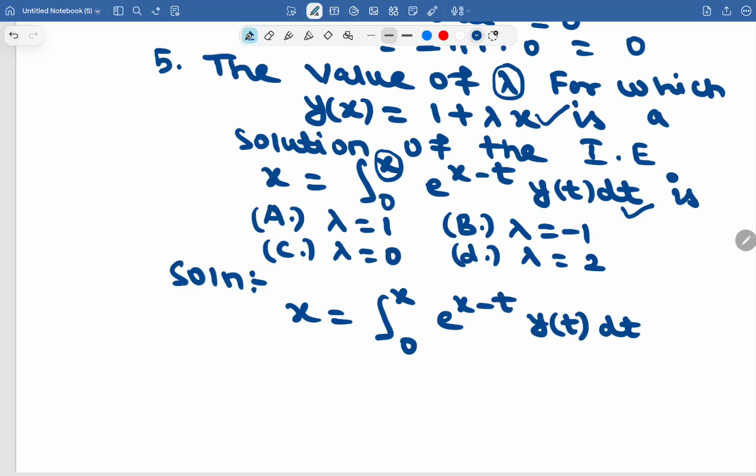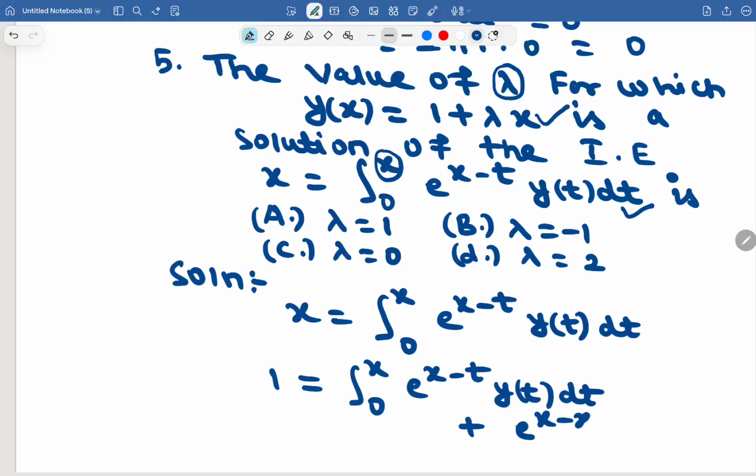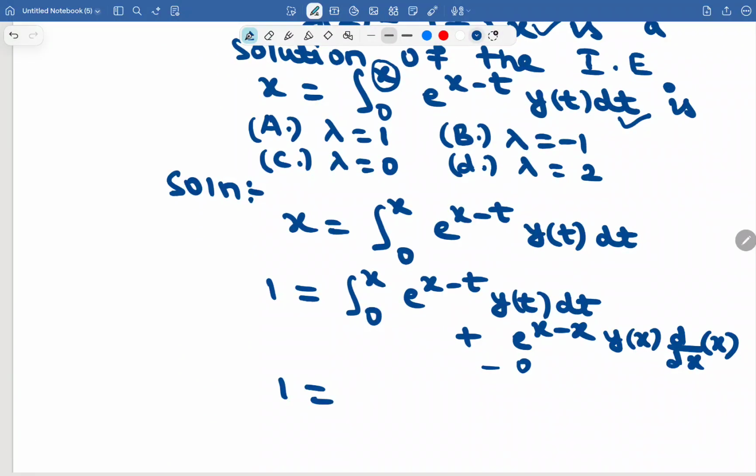DUIS means differentiation under integral sign, or otherwise we call it the Leibniz rule. 1, which is equivalent to integral 0 to x e power x minus t y of t dt plus e power x minus x y of x d by dx of x minus e power x minus 0 y of 0 d by dx of 0 is 0.